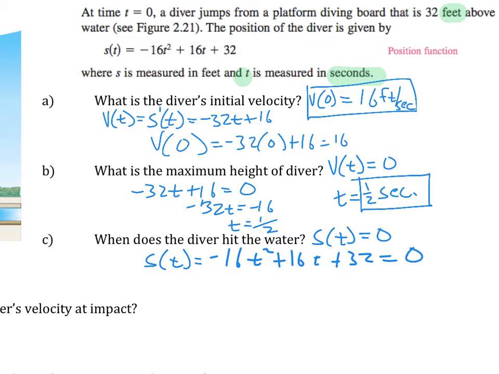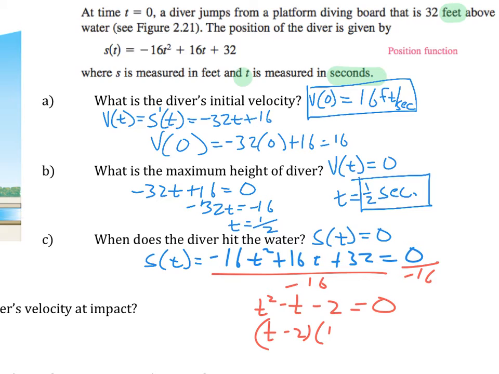I'll make that equal to 0. And if we go ahead and divide everything by negative 16, we're going to get t squared minus t minus 2 equals 0. And if we factor that, we get t minus 2 times t plus 1, right?